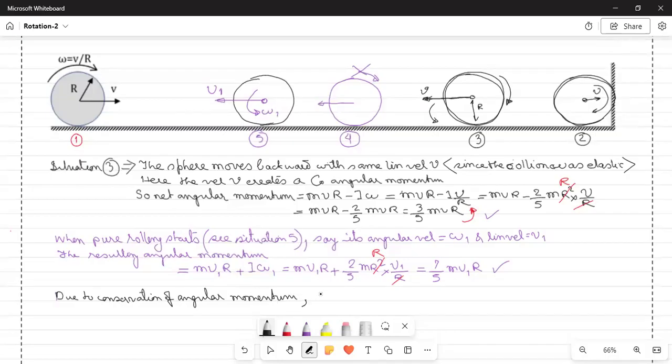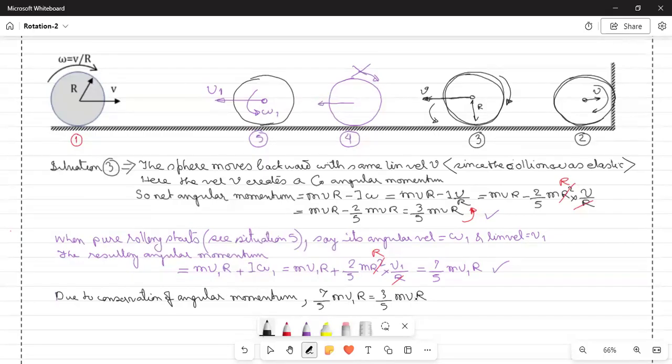Conservation of angular momentum: 7 by 5 m v1 r is equal to the earlier angular momentum, 3 by 5 mvr.